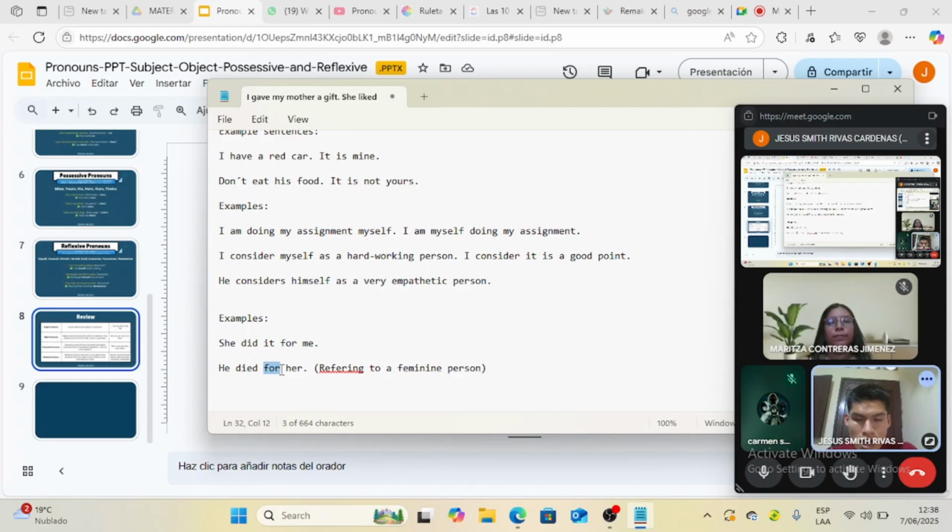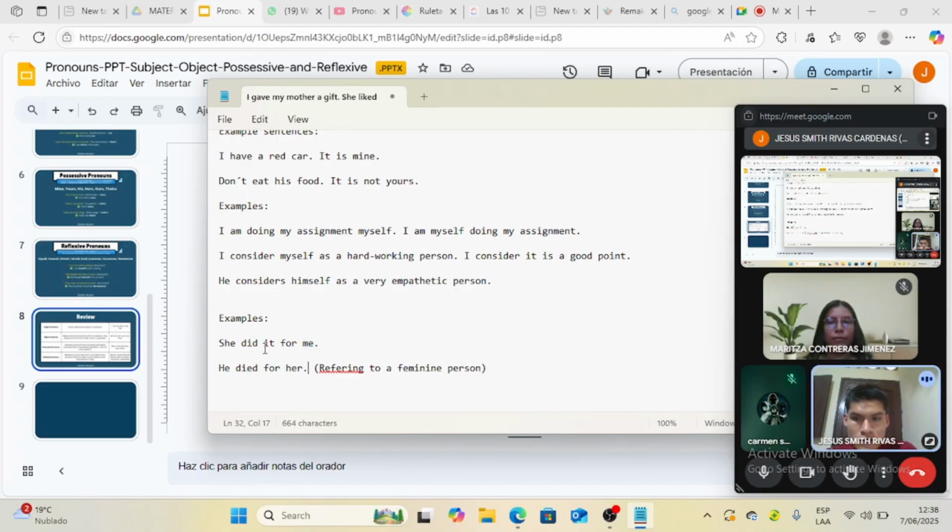For here is a preposition. And after this preposition, we have two object pronouns, which are me and her.